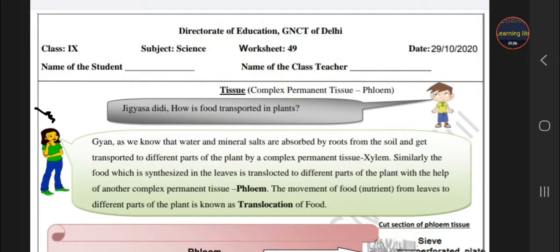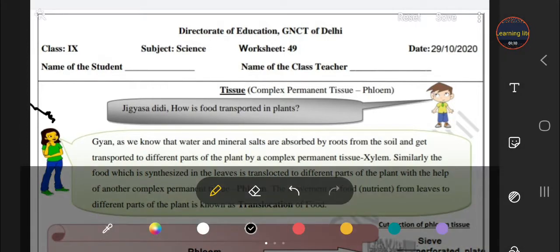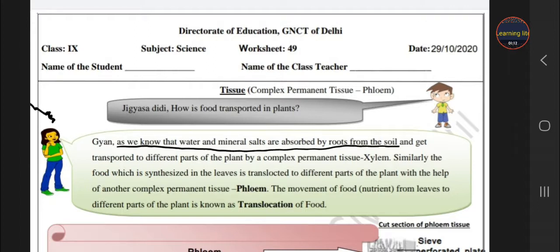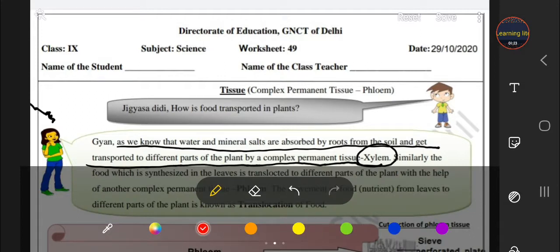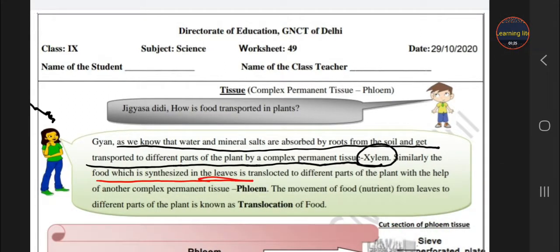Now Jigyasa Didi solves Gyan's confusion about the transportation of food. Gyan, as we know, water and mineral salts are absorbed by the roots from the soil and transported to the different parts by a complex permanent tissue, that is xylem. Similarly, the food synthesized in the leaf is translocated to the different parts with the help of another complex permanent tissue, that is phloem.